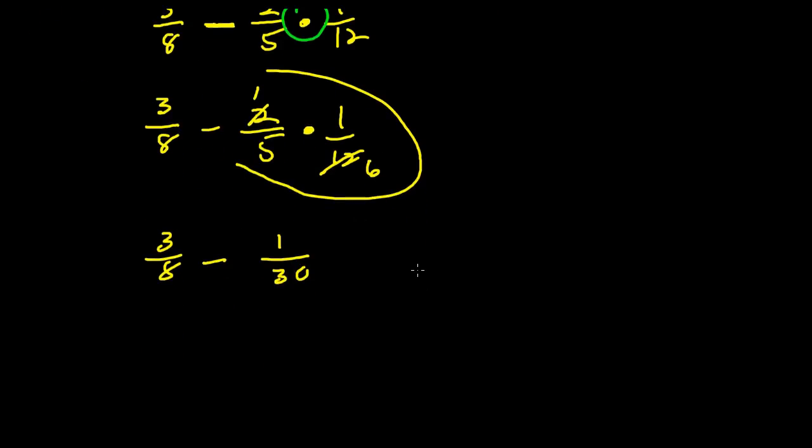Now, of course, to subtract these, I'm going to need a common denominator. And I believe the least common denominator of 8 and 30 is 120. Please note that 120 is equal to 15 times 8. You can verify that by yourself if you like.